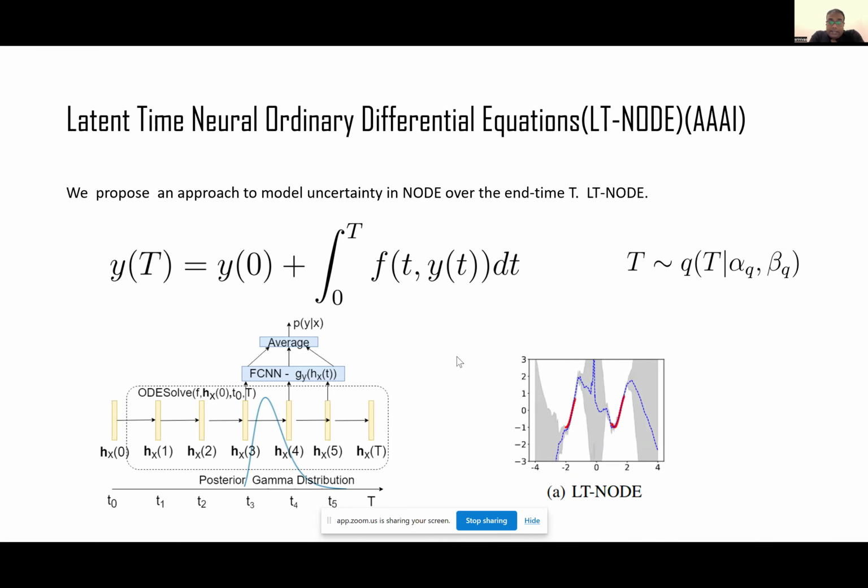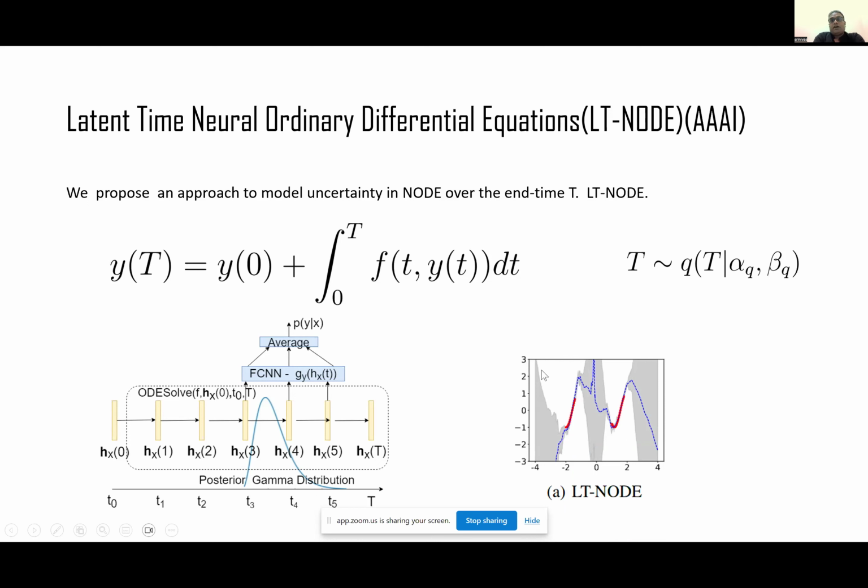In traditional Bayesian neural networks, we learn the distributions over the weight parameters. But learning a distribution over the entire weight parameters is complex and also time-consuming. Here we just learn the distribution over the hyperparameter capital T.